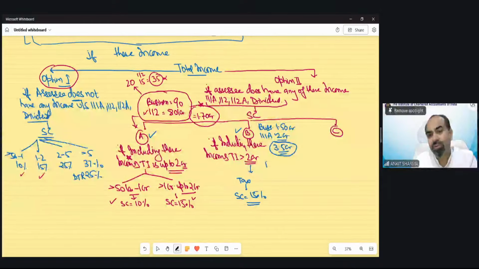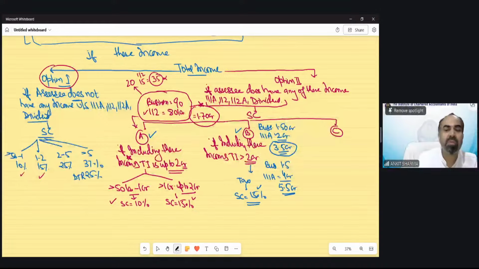Even if suppose the business income is 1.5 crore and 111A income is suppose 4 crore, total income is 5.5 crore. Still the surcharge rate would be only 15% on the tax of 5.5 crore.